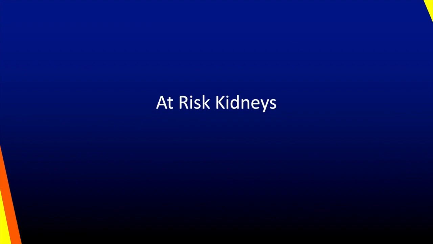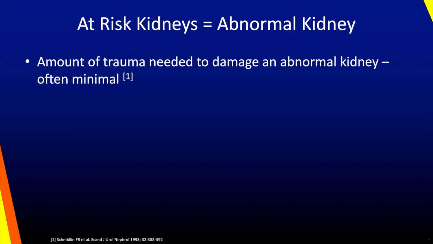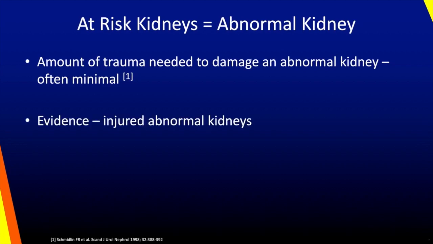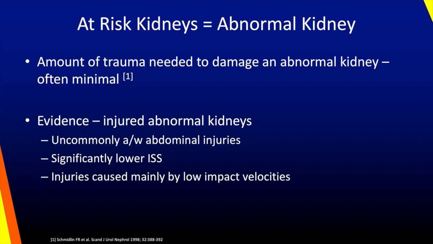Let's briefly talk about at-risk kidneys. At-risk kidneys are abnormal kidneys, as the amount of trauma needed to damage an abnormal kidney is often minimal. The evidence for this is that injured abnormal kidneys are uncommonly associated with other abdominal injuries and have significantly lower ISS scores.